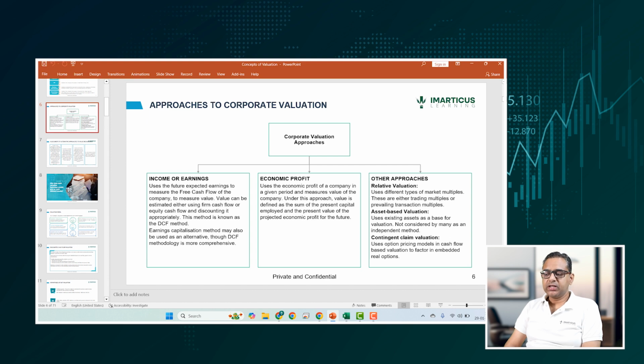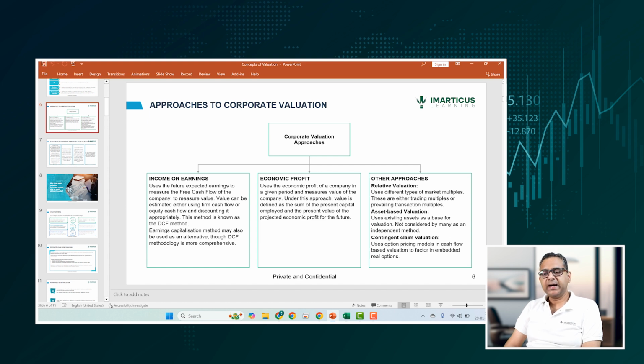So this is more from a book value perspective. What we see in the balance sheet, that is, what is the value of assets after paying off the liabilities. So that is asset-based valuation, what we can call book value or net worth.